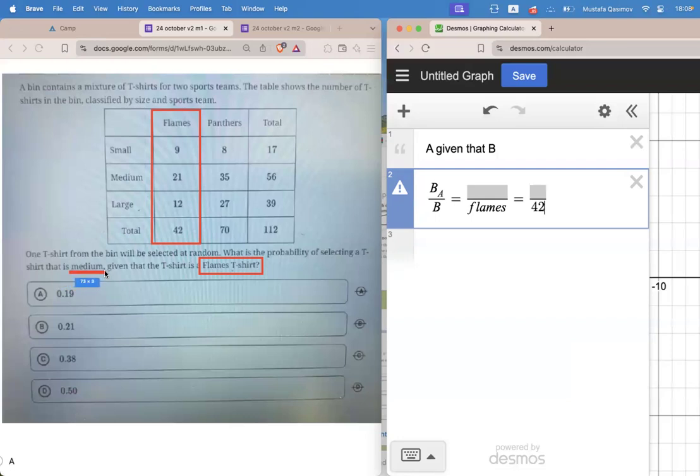How many of them are medium? Only 21. So we have right here 21, and here, let's say medium flames. And the answer will be 1 over 2, 0.5. Answer is D. Any question from here? No? Okay.